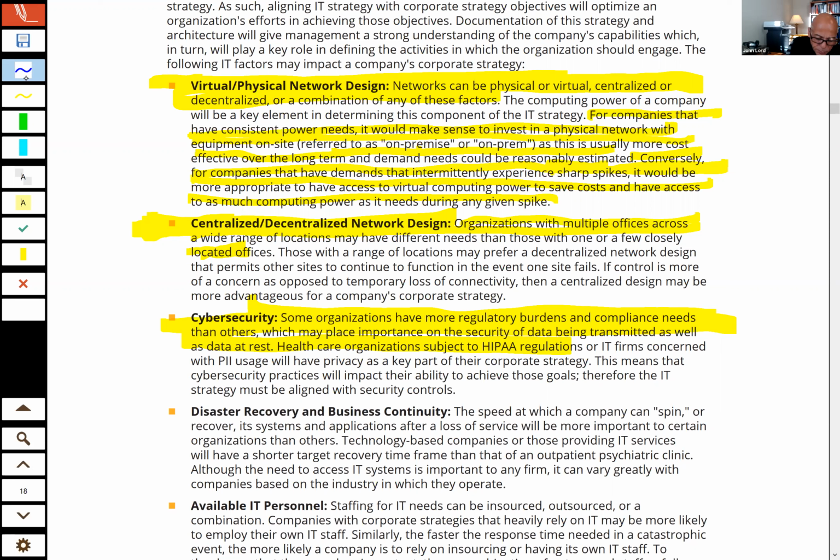Okay, disaster recovery and continuity. This is a big deal. You could have a situation where a disaster knocks your systems offline. Well, how are you going to recover from that in a short time frame, right?